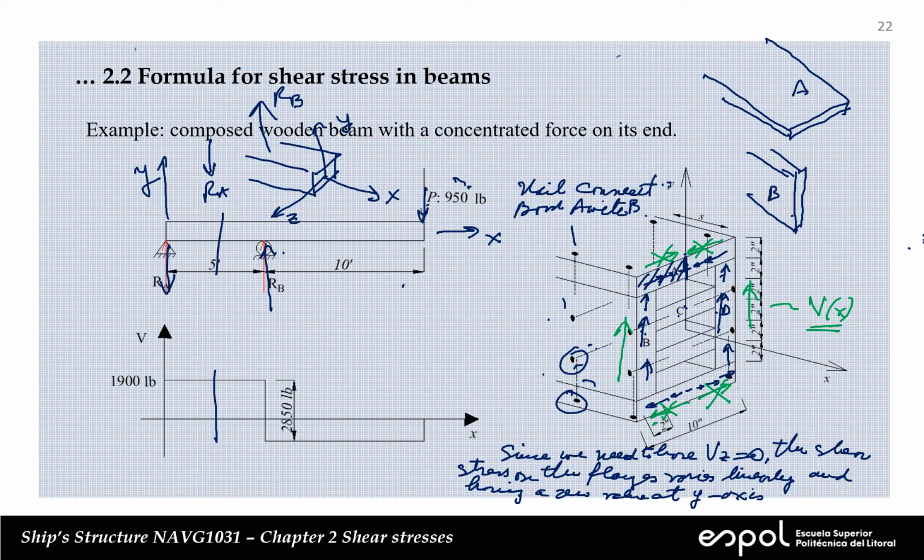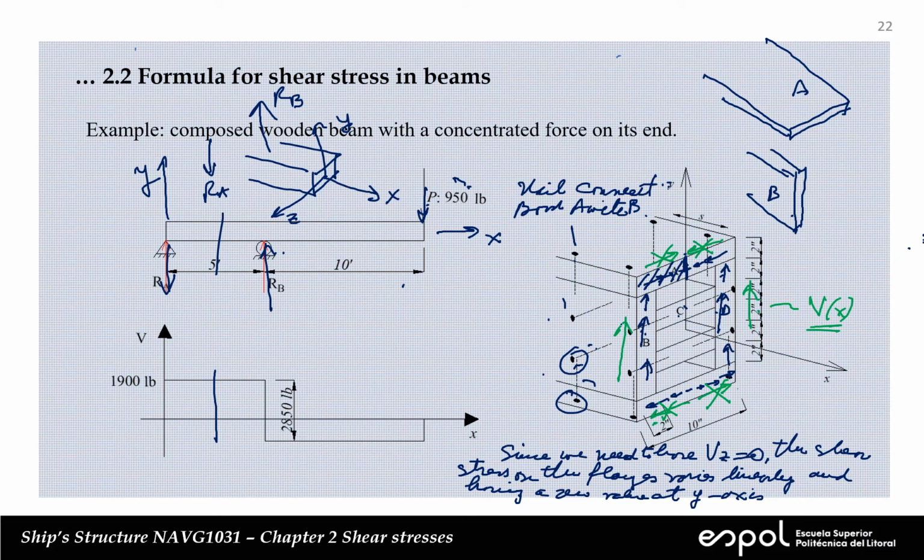And what happened with the bottom? With the bottom board, you try to connect it with board B or C or D. What would happen? Well, by symmetry. In this case, you have symmetry because all the geometry is symmetric, and not only that, but also the thicknesses of every element is the same.